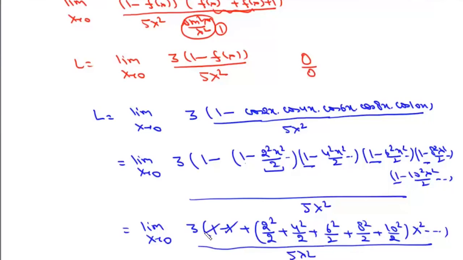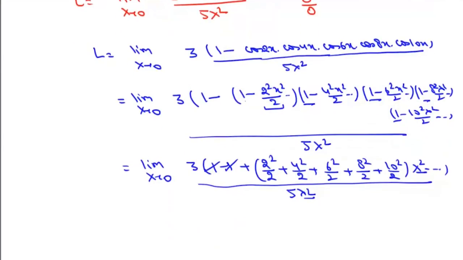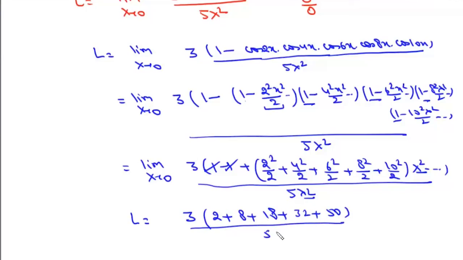Now here 1 and 1 will cancel. The minimum power of x in the numerator is x square, and in the denominator it is also x square. So the answer to this limit will be the coefficient of x square in the numerator and in the denominator. So it will be 3 into (2 plus 8 plus 18 plus 32 plus 50) divided by 5.